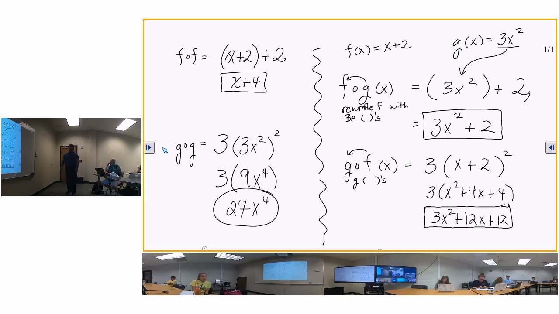They get 9, and then they square the 9 and get what? 81. Or they don't even square it. They just say 3 times 3 is 9, and then they just leave 9x to the 4th. Some people do 3 times 3, and then they square the 9. Is the 3 out here squared? No, it's not. So they're just making up their own mathematics doing that. That is all about functions.